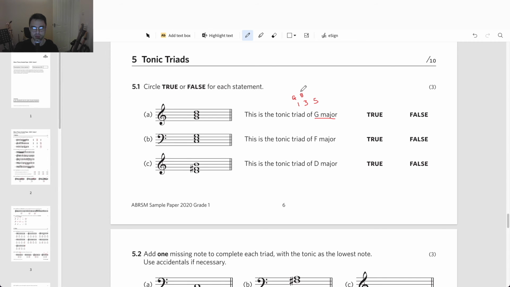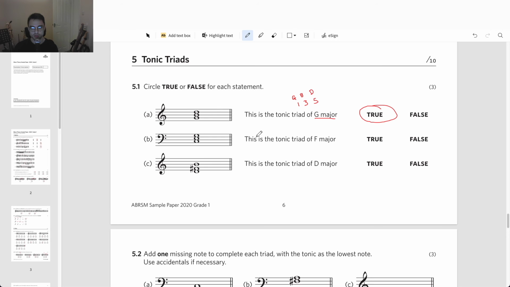G, A, B, C, D. 1, 2, 3, 4, 5. It's D. So our tonic triad in the key of G major is going to be G, B, D. Let's see if this follows. G, B, D. Yep, this is indeed the tonic triad in the key of G major.